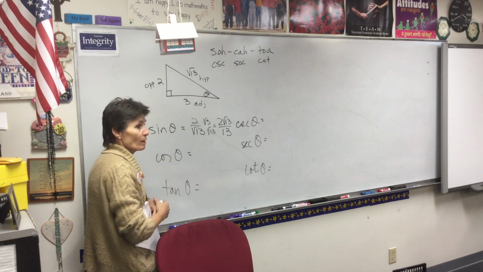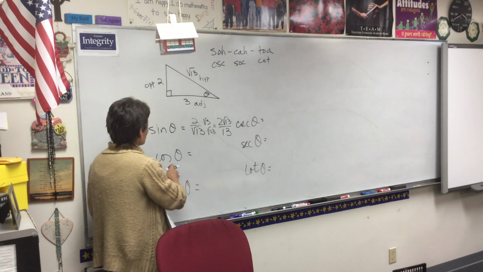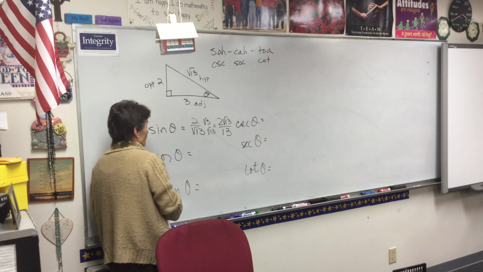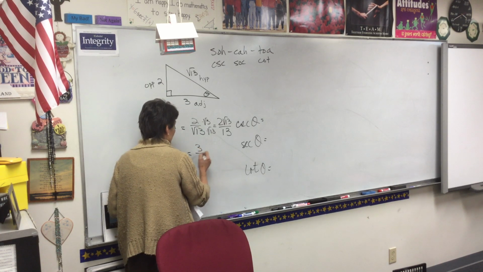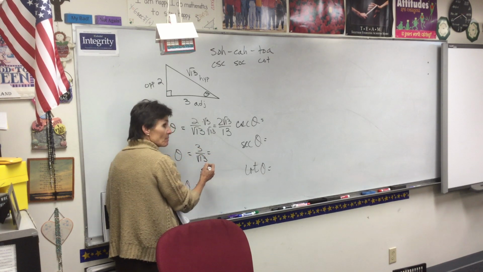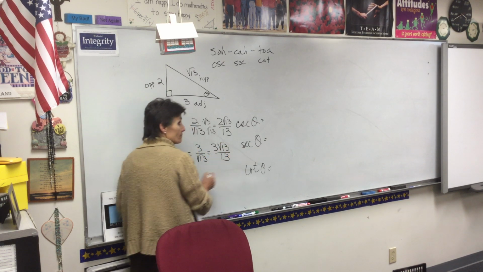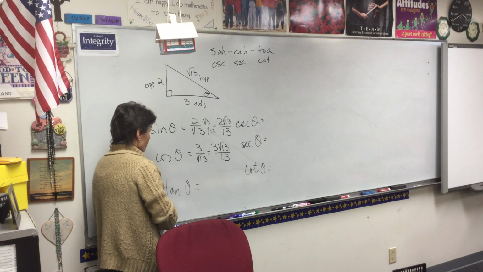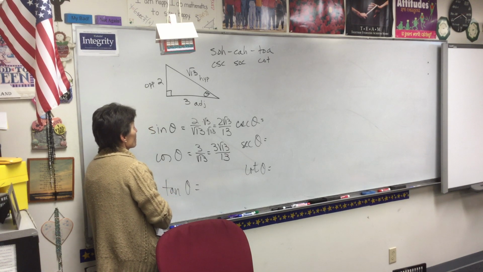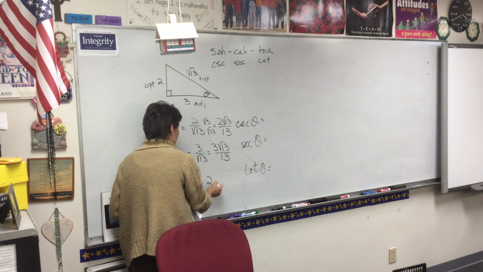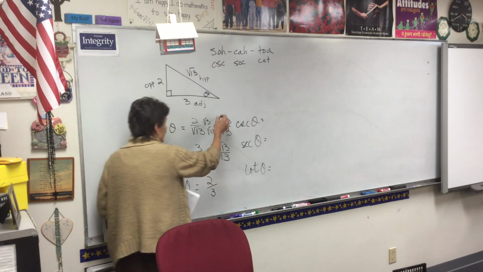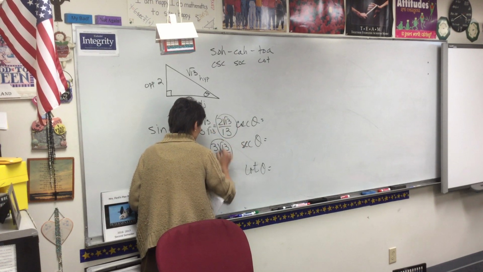That's what we have to do if we have a radical in the bottom. What's the cosine? 3 over root 13. So I'll do the same thing: root 13 over 13, and get 3 root 13 over 13. What's the tangent? 2 over 3. So is everybody okay with the first 3 answers?